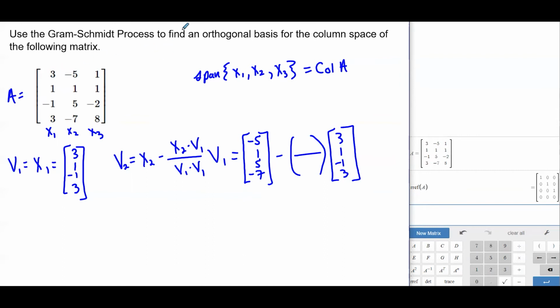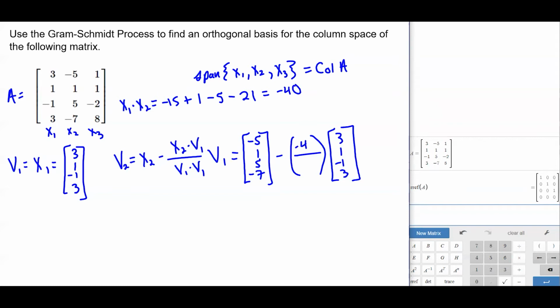So let's just do this here and I'll write down all these things. So negative 15 plus 1 minus 5 minus 21. So I'll use my handheld calculator here. Negative 40.